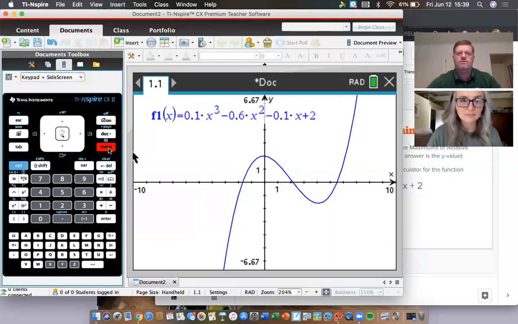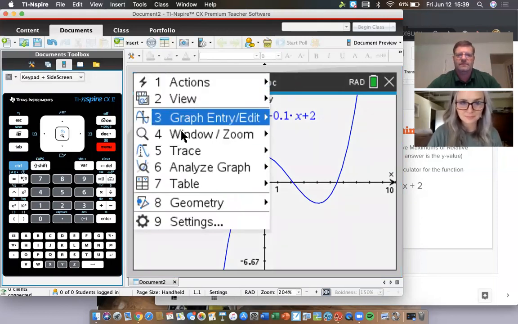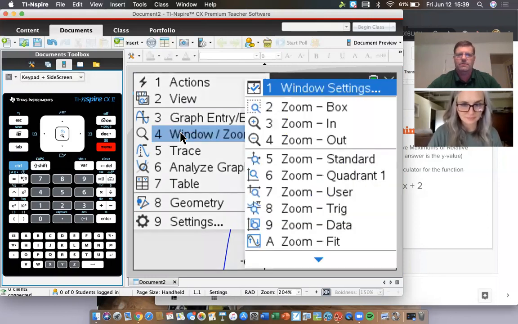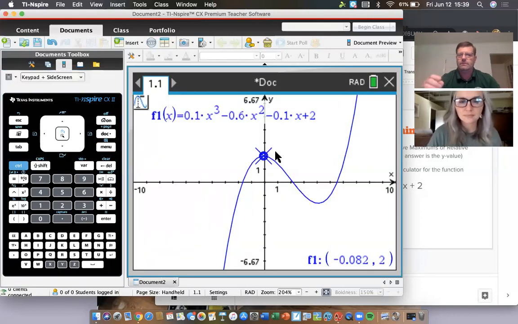But if I hit the menu button, all I need to do on this graph is you can see some of these, like I can change my window. But I want to use trace, number 5. So if I go down to number 5 and choose trace and then choose graph trace, again, I could hit 5 and then 1. What that's going to do is put me on the function where I can trace. And notice it said y-intercept.